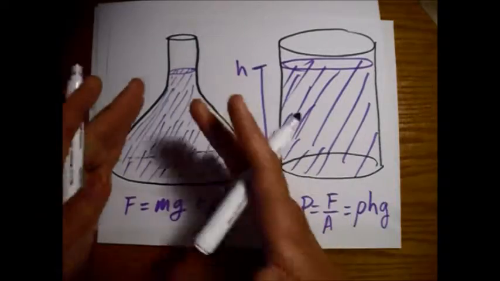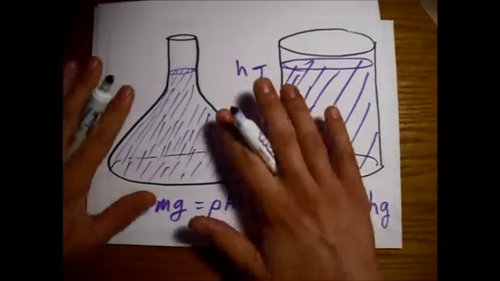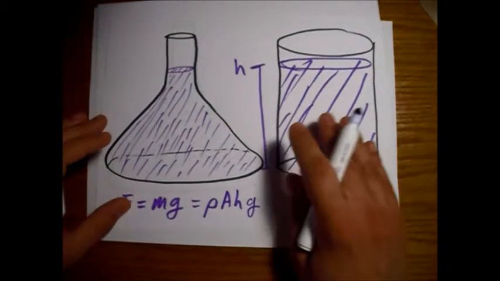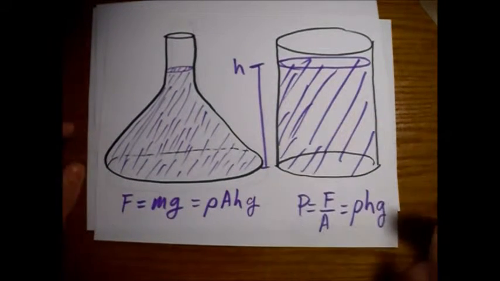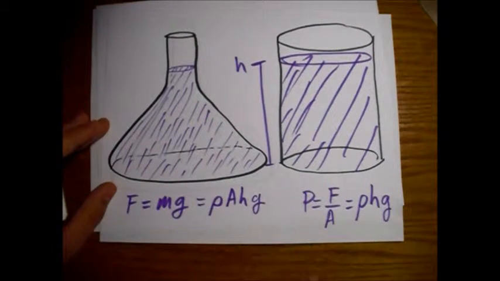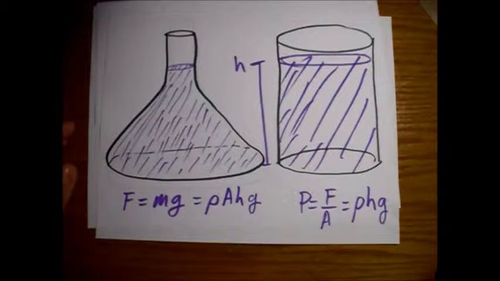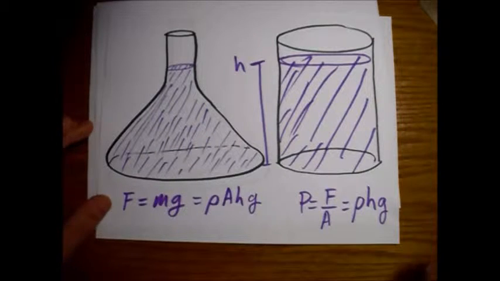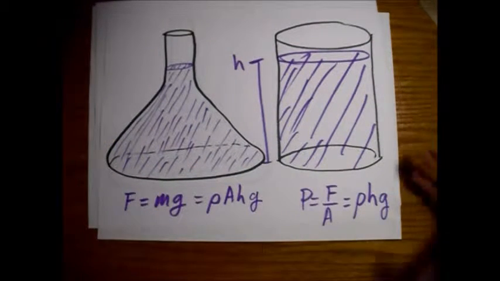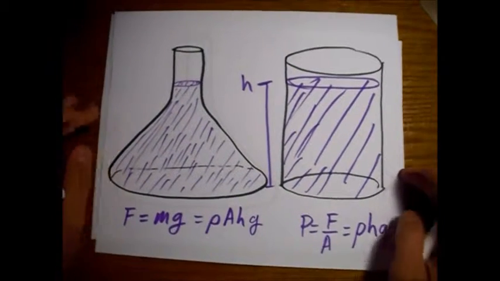If you had these at the same size, and this one gets narrower at the top and this one stays wide all the way up, this one would obviously hold more. And if the force at the bottom is equal to pressure multiplied by the area, and they have the same pressure, there should be the same force on the bottom, and they should weigh the same when you put them on a scale. But that's not true.